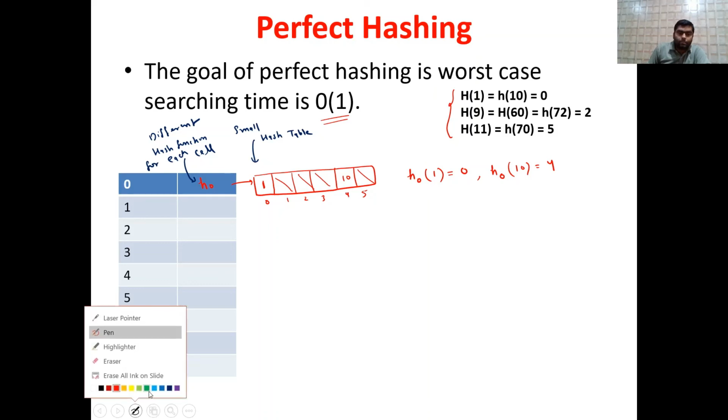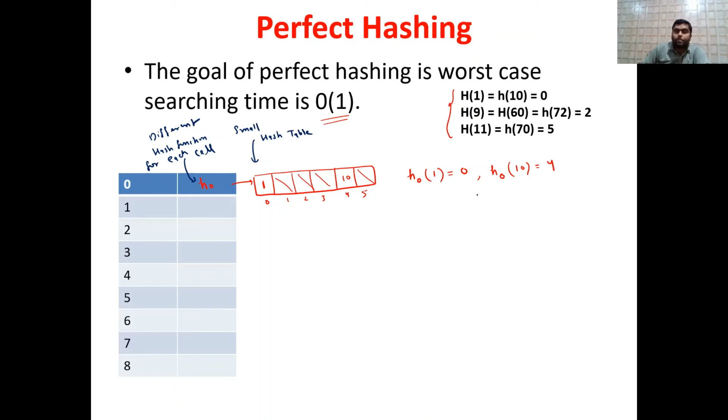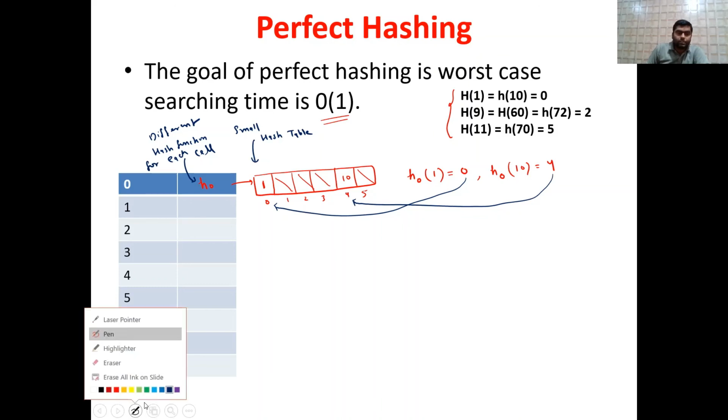If you observe carefully in this diagram, at the 0th position this 1 will be stored and at location 4 this will be stored. So individually you are using separate hash functions.